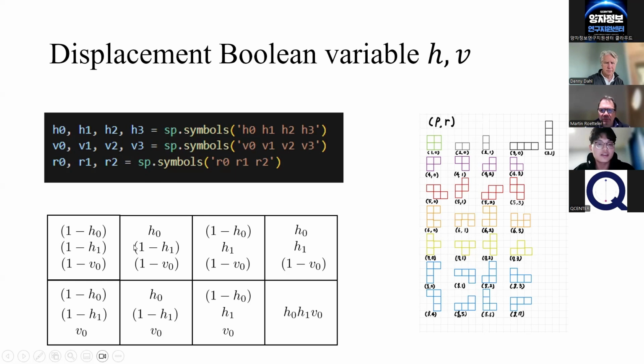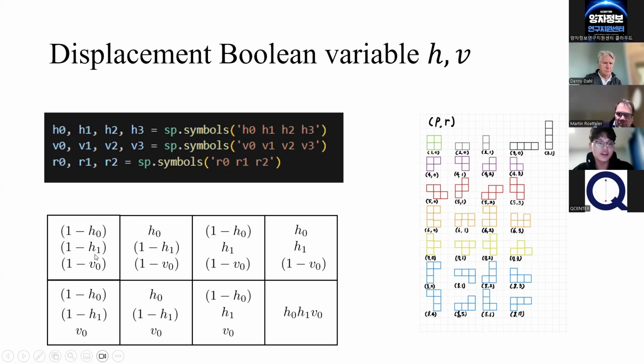Say there is a 1x1 puzzle piece in the 2x4 grid shown below. If the piece occupies the cell at the top left, the input x will have h0, h1, and v0 variables equal to 0.